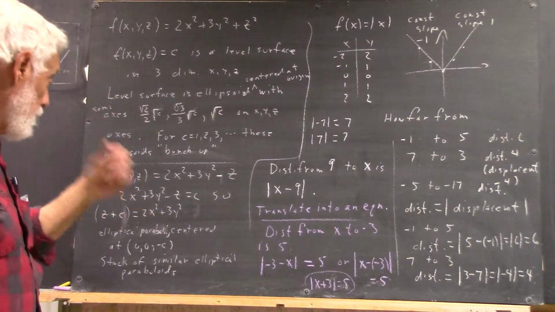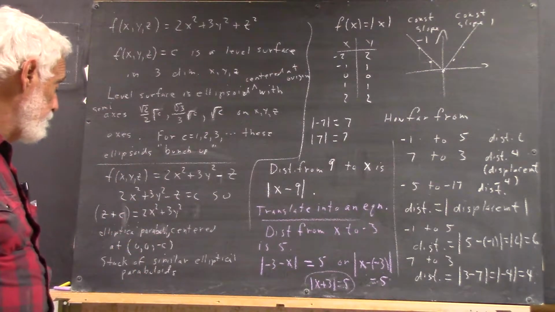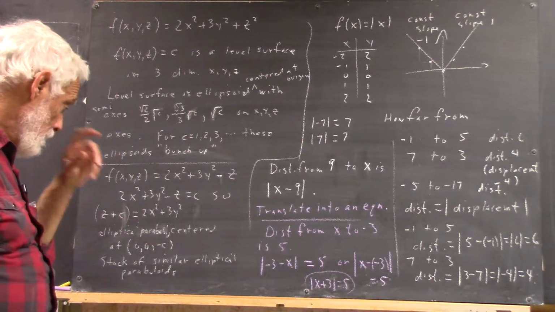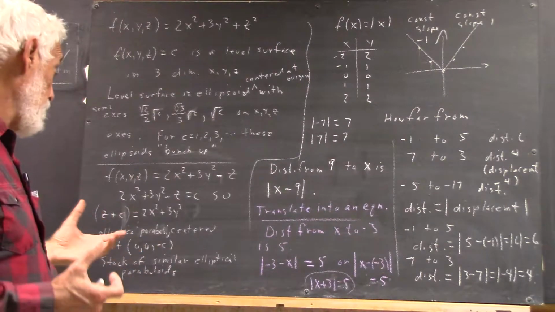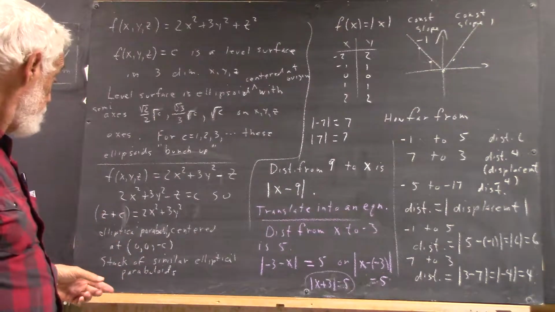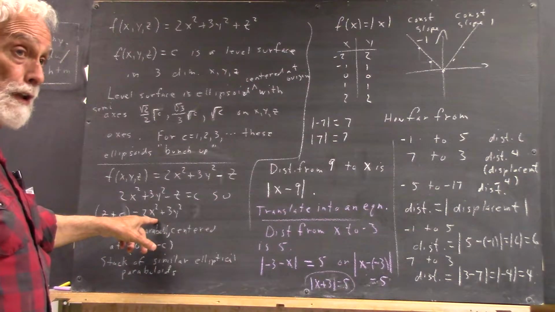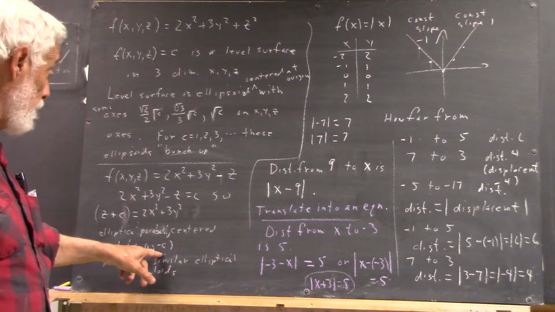If you analyze the paraboloids, you'll see that what you get for different values of c would be a stack of geometrically similar elliptic paraboloids, each one having the same shape, but centered at a different point on the z-axis.